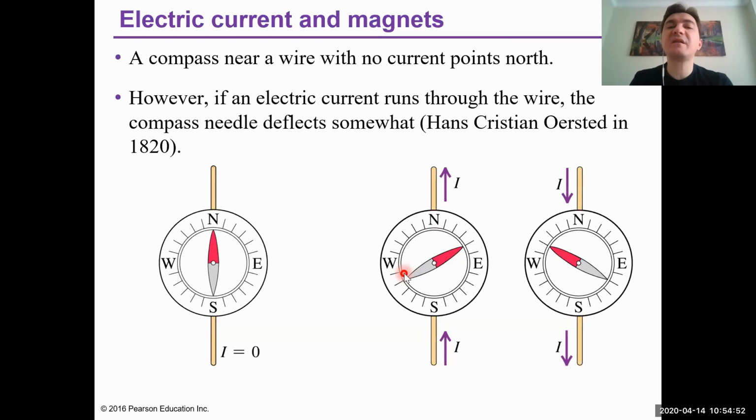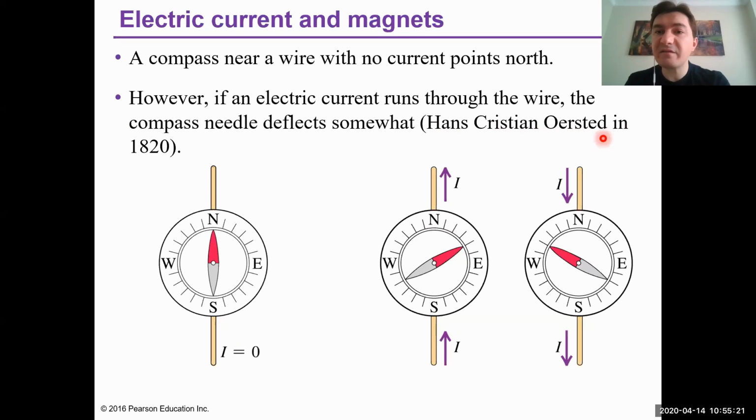This was discovered by Hans Christian Ørsted in 1820. I think he was a Danish physicist. He discovered that if an electric current runs through the wire, the compass needle deflects somewhat. This was a very important discovery in physics, in science.